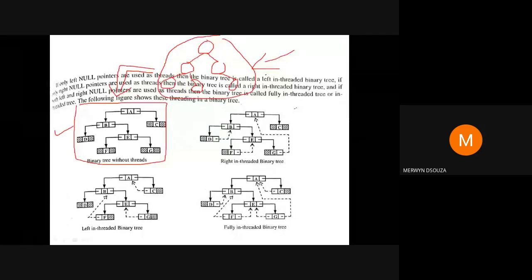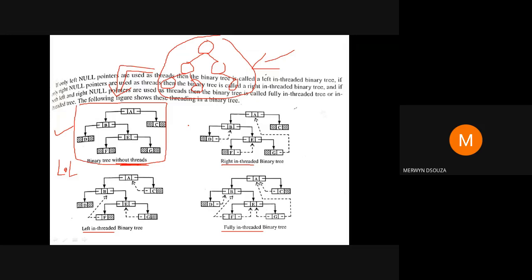We have already seen this in our previous unit, how to represent a tree using linked list representation. Once you convert it to a linked list representation, this representation is without threads. Then, depending on the question, you can make a right in-threaded tree, a left in-threaded tree, or a fully in-threaded binary tree.